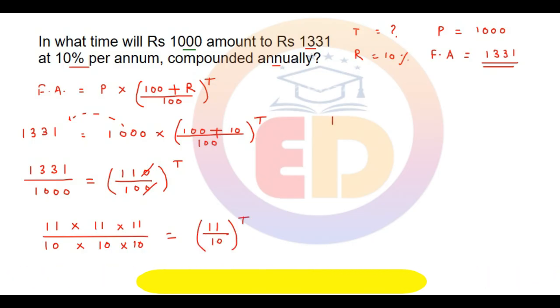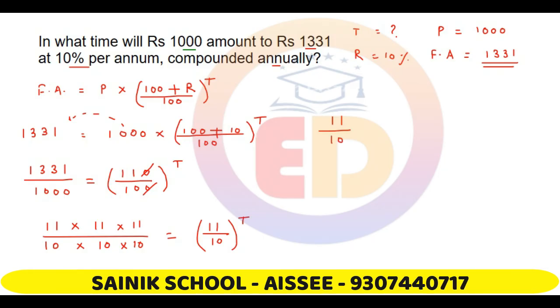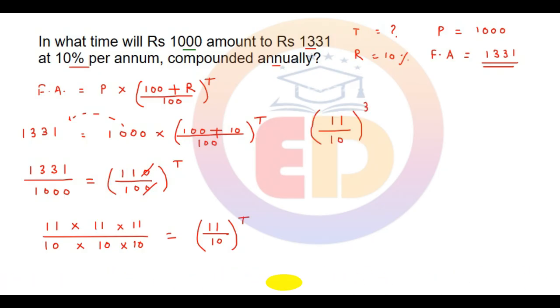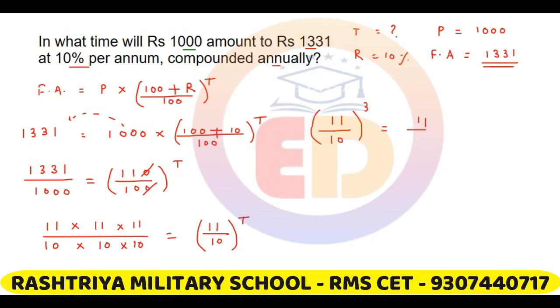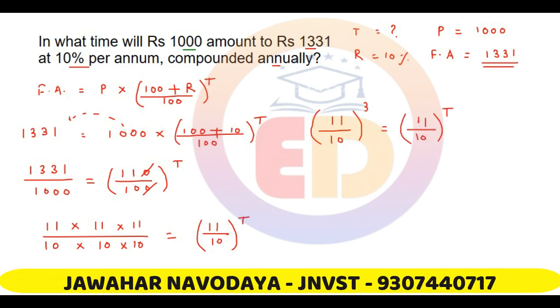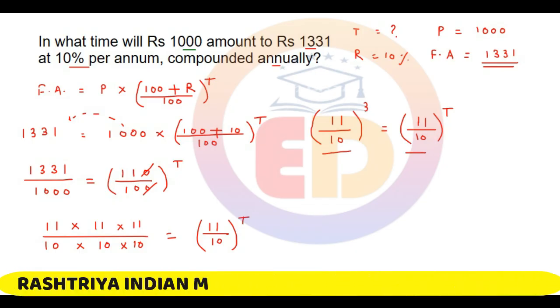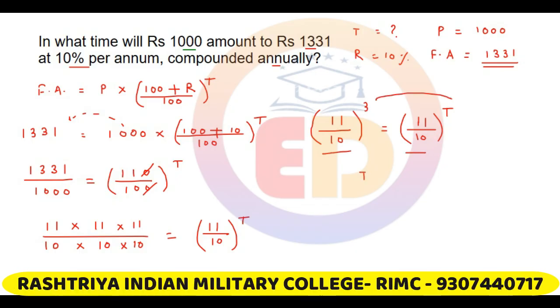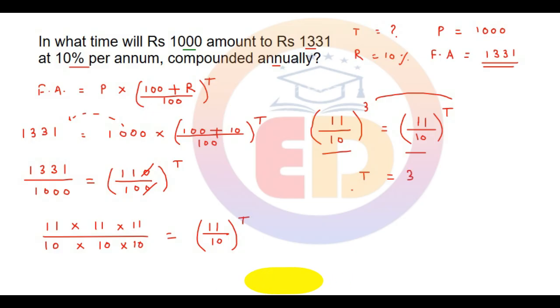This can be written as 11 upon 10 whole cube equals 11 upon 10 to the power t. Left hand side, right hand side, bases are equal. When bases are equal, powers are equal. Time period equals 3.